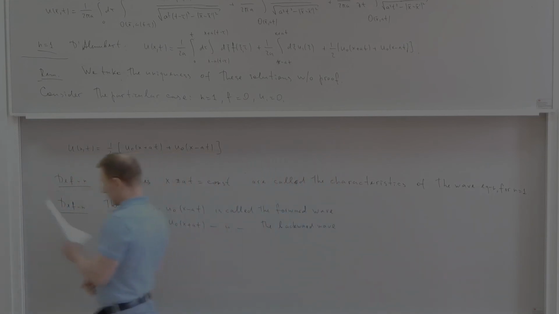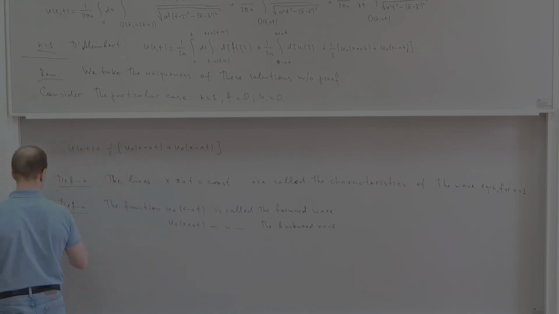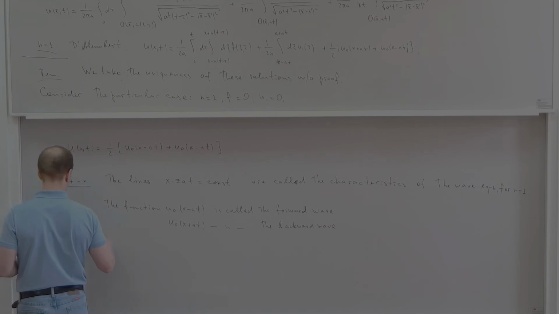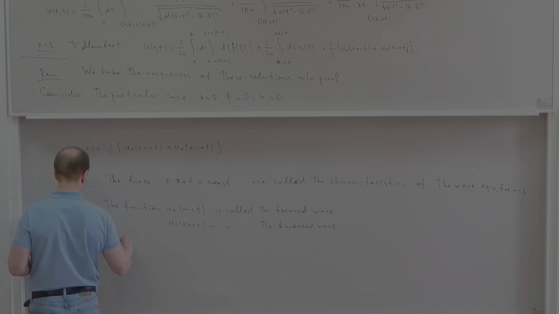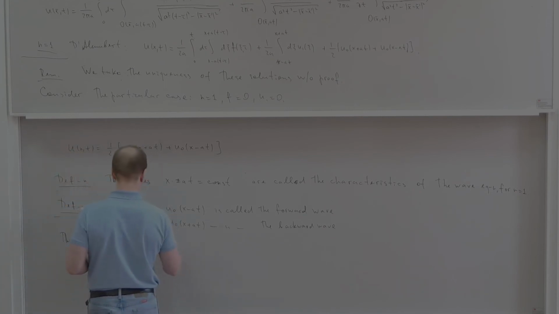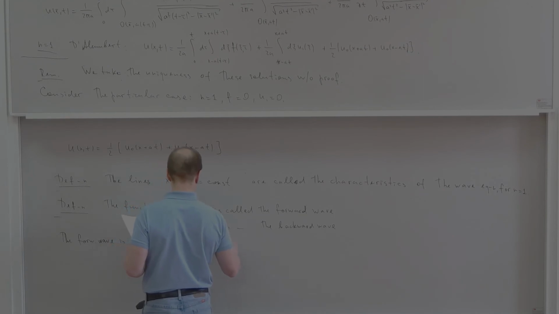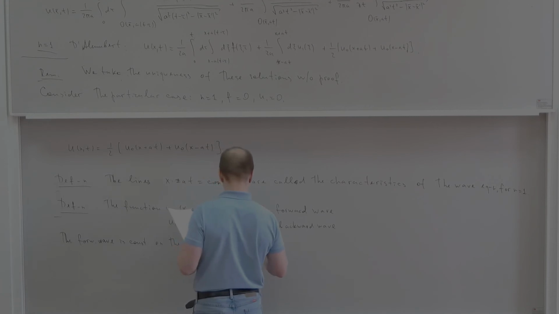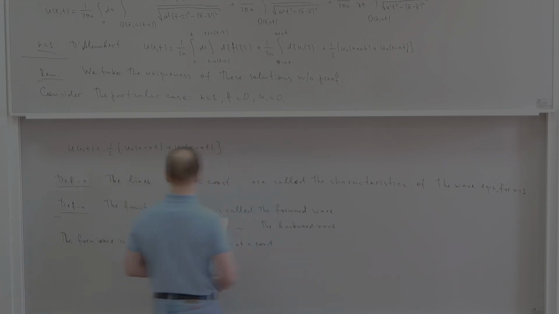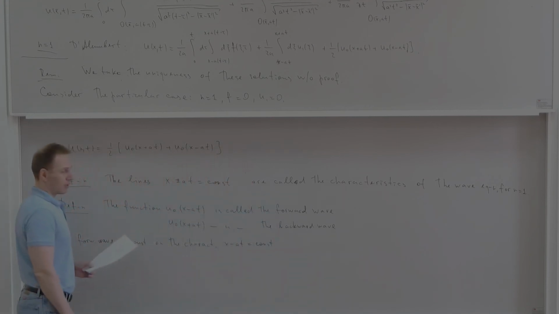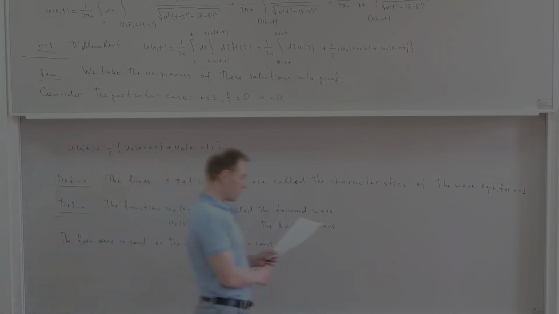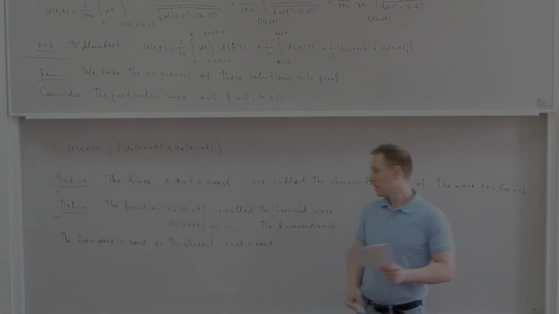Namely, the forward wave is constant on the characteristics x minus at is equal to constant and moves to the right with the velocity a.